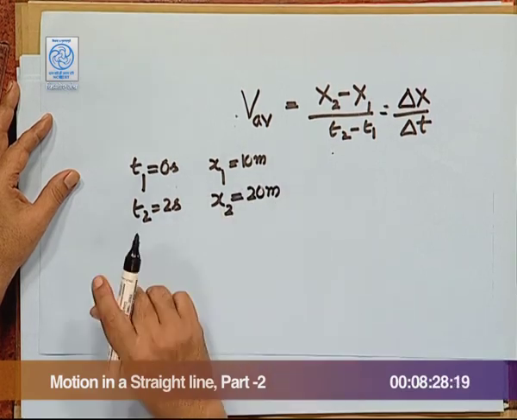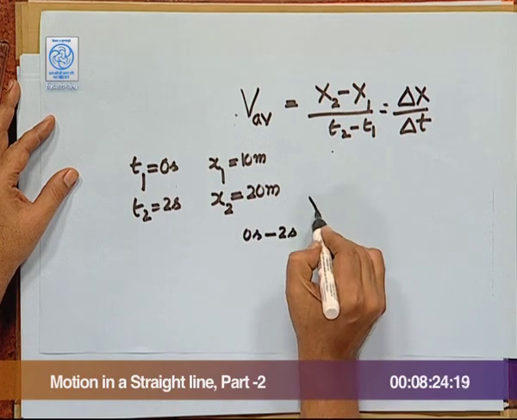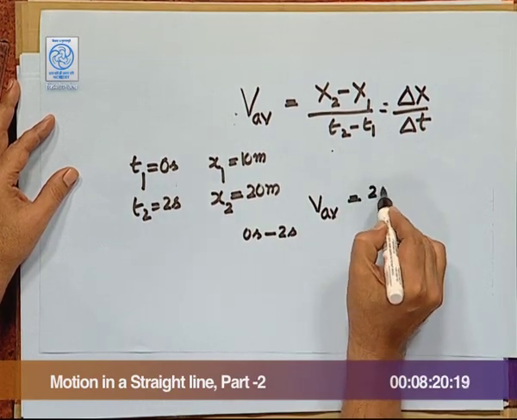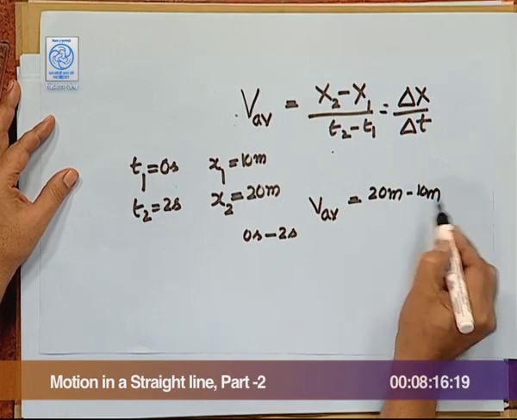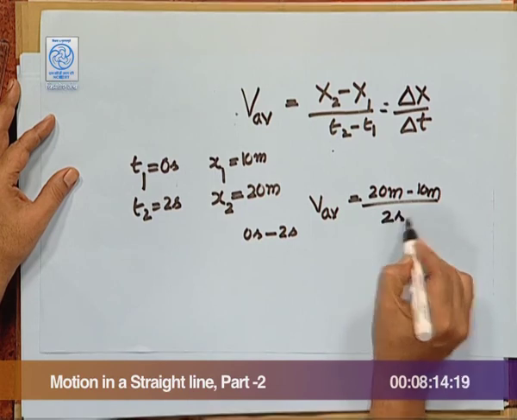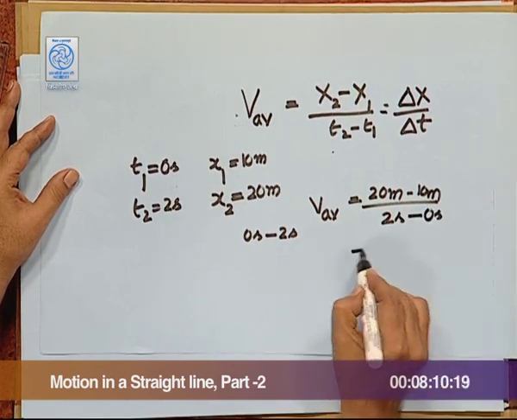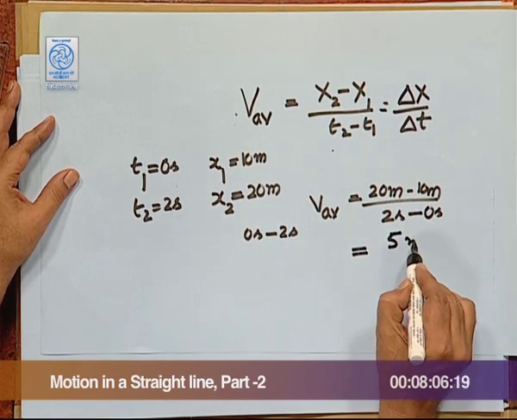So, in the interval 0 seconds to 2 seconds, the average velocity is given by 20 meters minus 10 meters, divided by 2 seconds minus 0 seconds, which happens to be 5 meter per second.